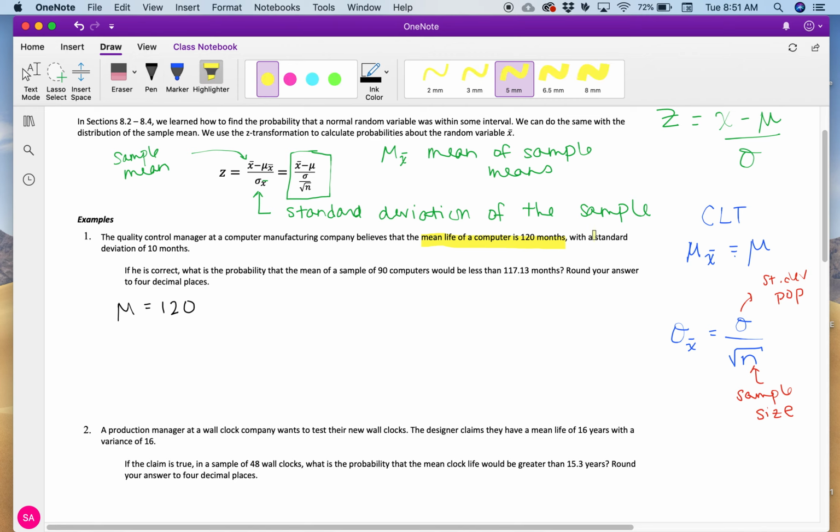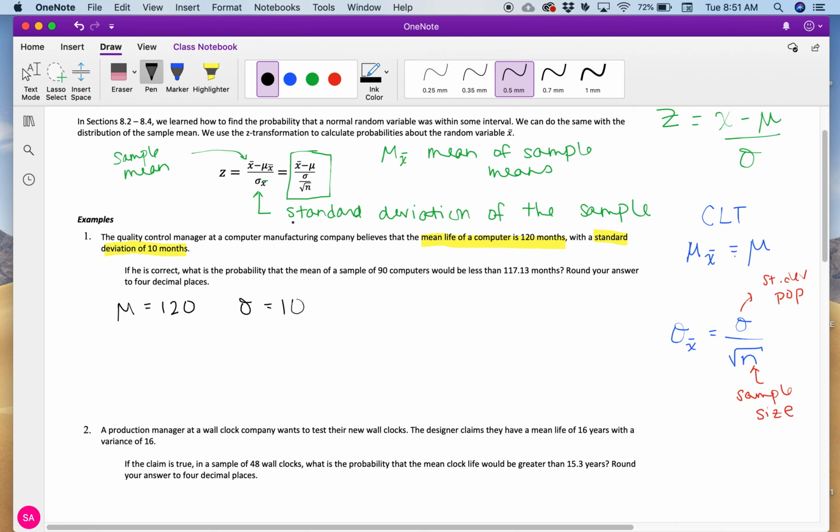So more information. They're giving us the standard deviation. Now, they're not being very specific. They're just saying mean and standard deviation. That is referring to the population mean and the population standard deviation. So that's why I just have regular old mu equals 120, and regular old sigma is equal to 10.